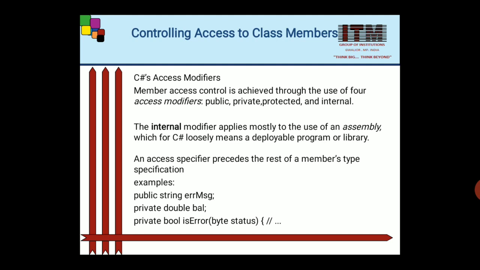A public member can be freely accessed by code defined outside of its class, and this is the type of class member that we have been using up to this point. A private member can be accessed only by the methods defined by its class, and it is through the use of private members that access is controlled.